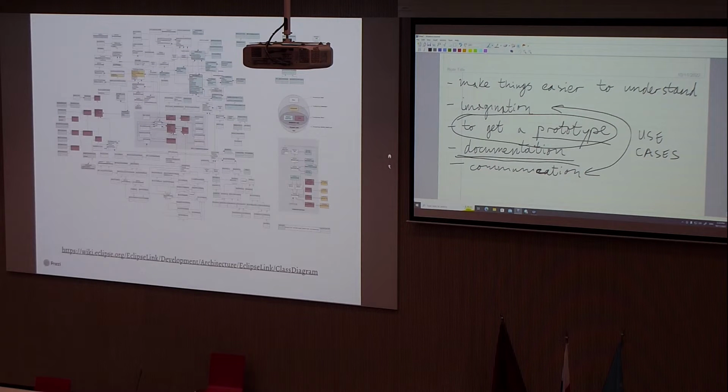We get back to this picture of the Eclipse Link system that I showed you previously. So you see how this helps a lot, exactly from this perspective, when you cannot read anything there.